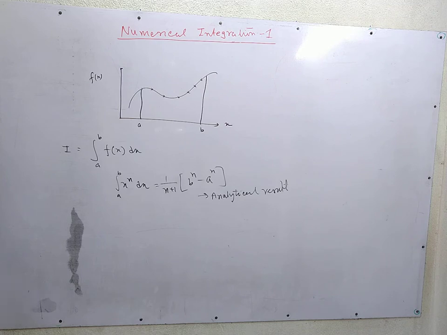Firstly, we shall discuss two numerical formulae for the evaluation of a definite integral, which are known as the trapezoidal rule and Simpson 1/3 rule.